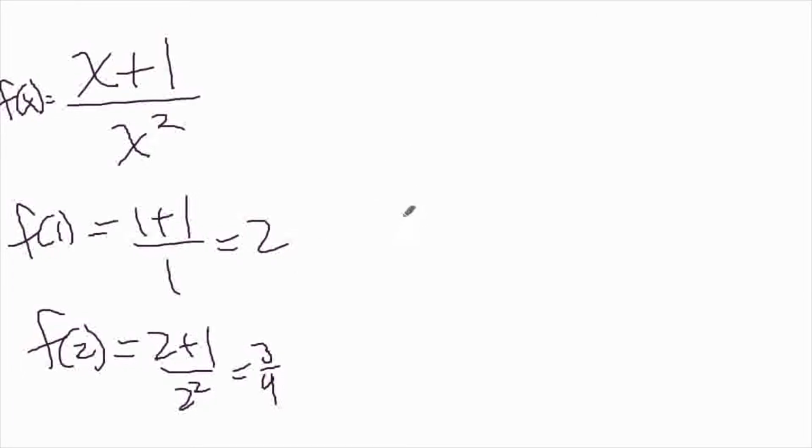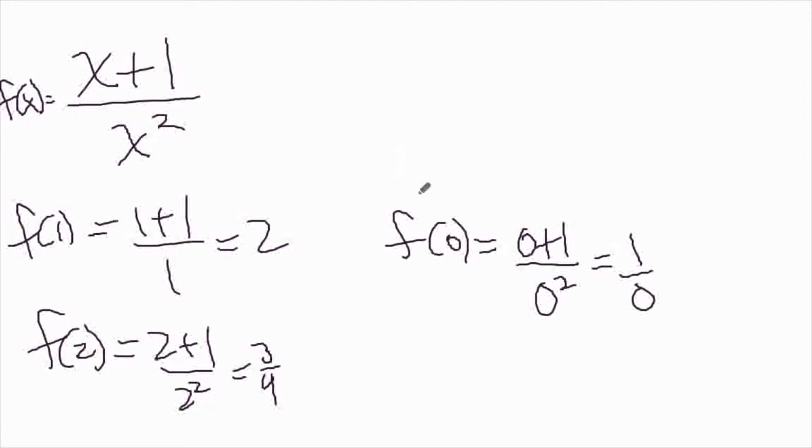However, try to tell me what f of 0 is. If you go ahead and plug that in, you'll see that you get division by 0, which is not allowed. So the domain, in this example, does not include 0. You'll see this a lot with rational functions where you have a limited domain.